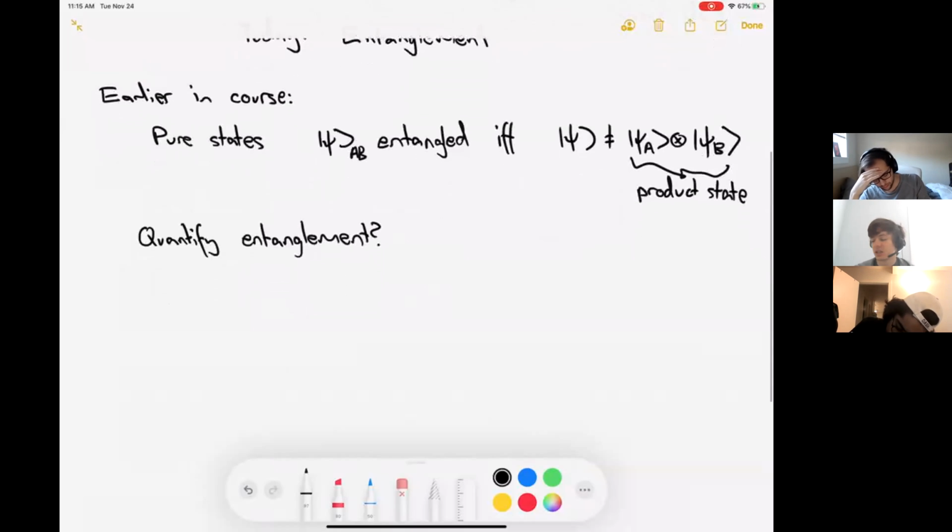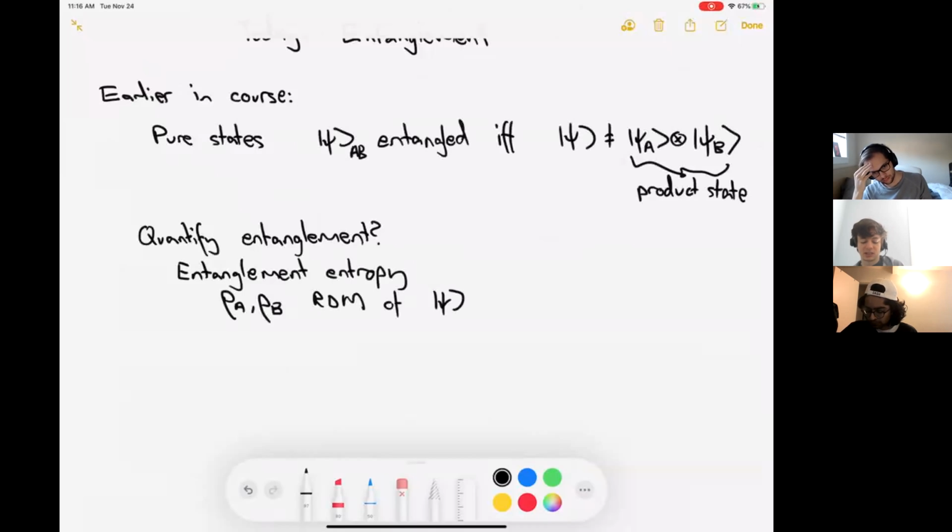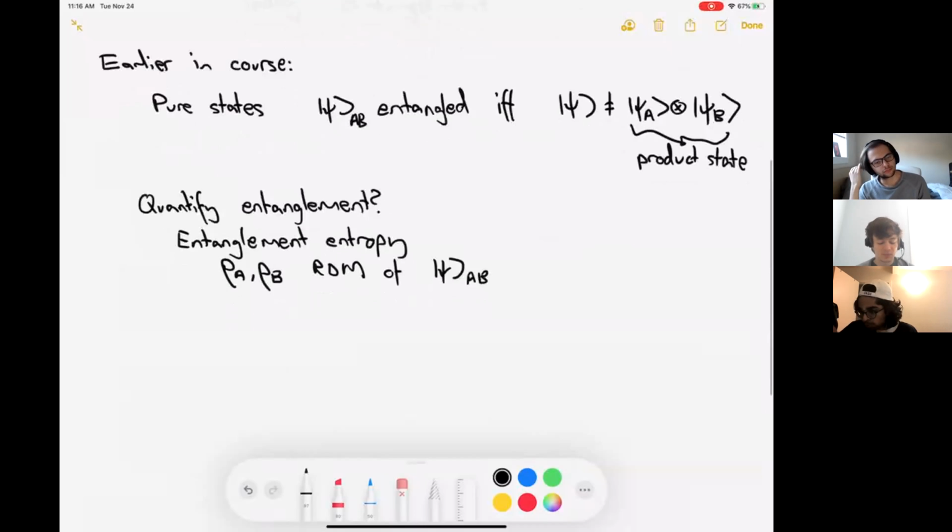And we saw that there was a natural way to do that, at least for pure states, which was this thing called the entanglement entropy. The way the entanglement entropy worked is that we look at the reduced density matrices, rho_A and rho_B, of this entangled state, psi_AB.